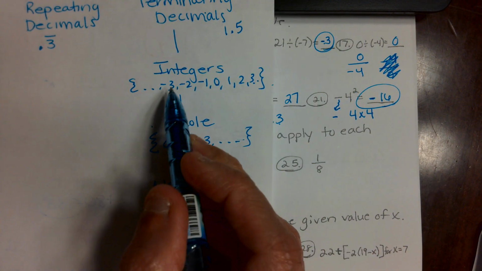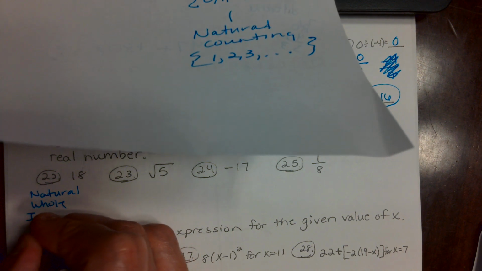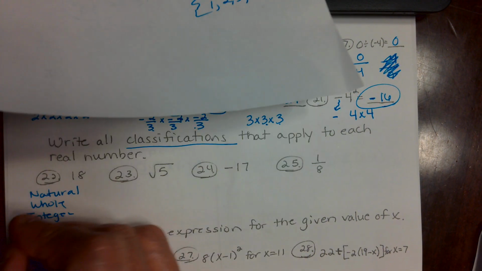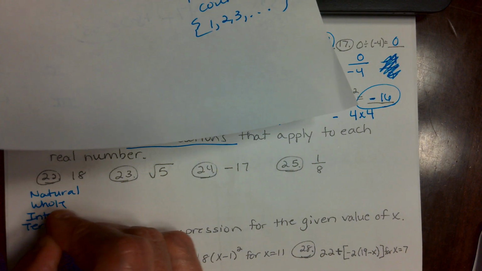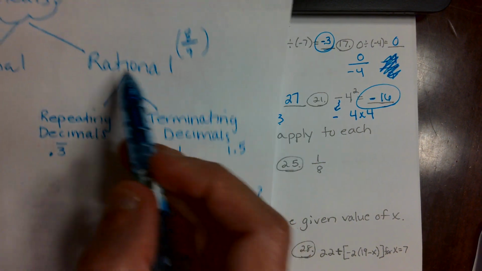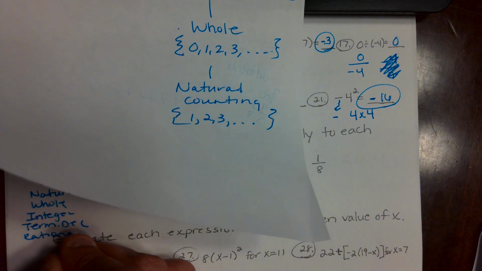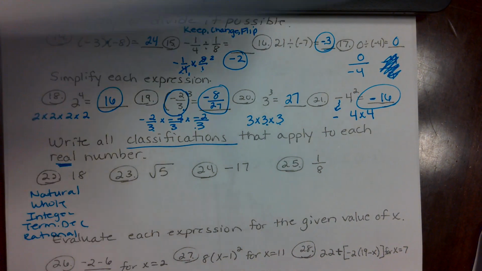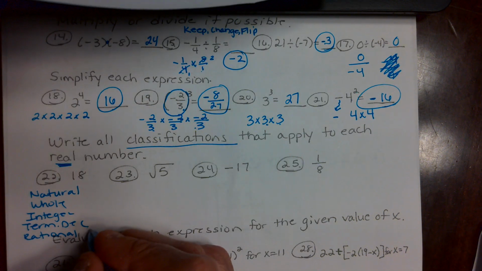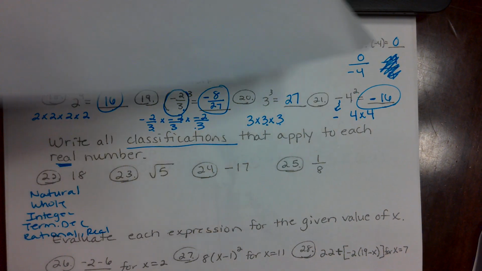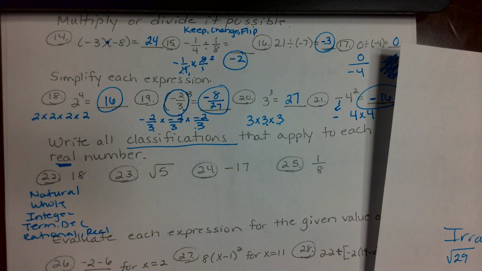It's also an integer. It's also a terminating decimal. It's also a rational. I keep moving up. And even though it says it's a real right here, I still want to add that in there just because it's a good reminder. Okay, so you put everything.